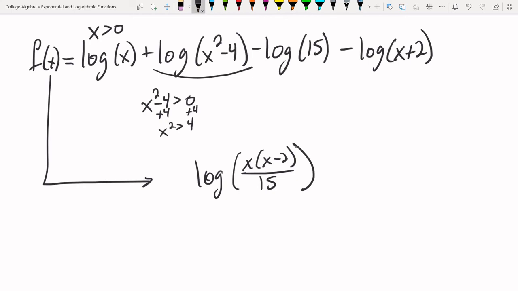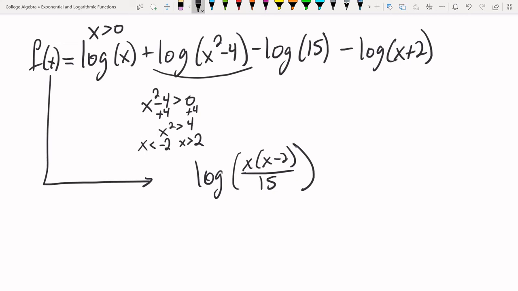And when is that the case? That's when x is less than negative 2 and x is greater than 2. That's because when we have negative 3, for instance, negative 3 squared is 9. So the squaring actually gets rid of the negative for you.